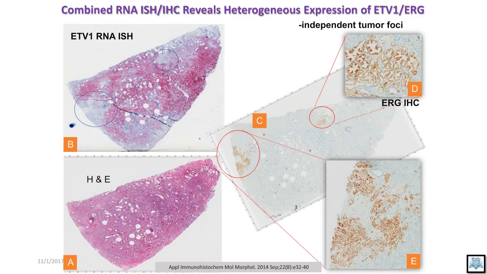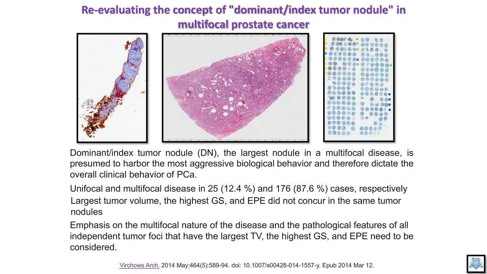Okay? So next, the important thing is, when we see this kind of intra-tumor heterogeneity, it makes us think that more than about 87% of the prostate cancers are multifocal, and only about 12% of the cases are unifocal disease.